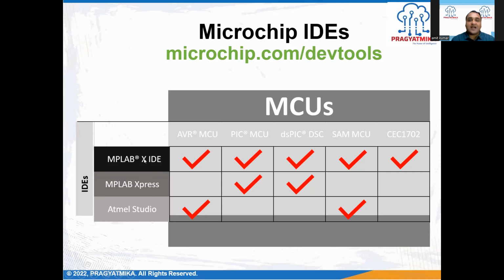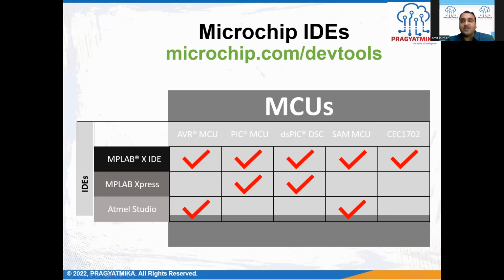The types of microcontrollers available with Microchip are AVR microcontrollers from Atmel, and PIC microcontrollers, which are the base microcontrollers for Microchip. Then DSPs and DSCs, which are 16-bit microcontrollers. You must have heard of DSPs; here they are called dsPIC and DSC. Then ARM controllers you have heard of.